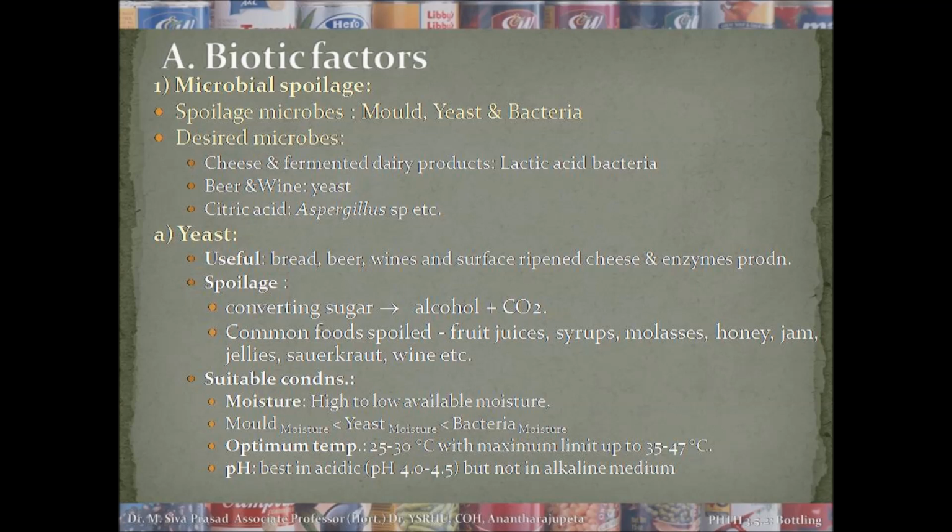First, they cannot grow under very high temperatures. The second thing is they cannot grow in alkaline conditions. These are the two aspects we can take into consideration for preventing the spoilage by yeast.